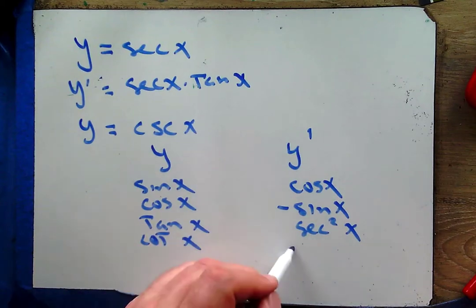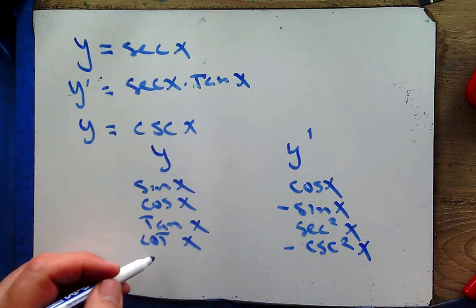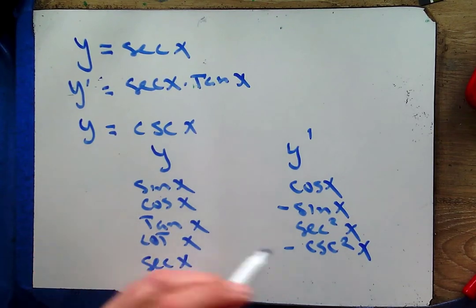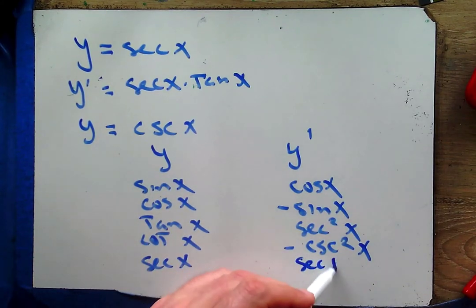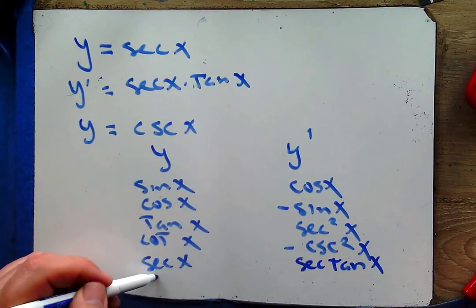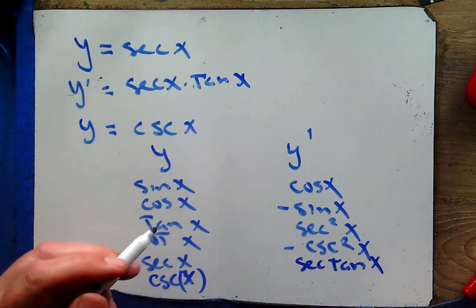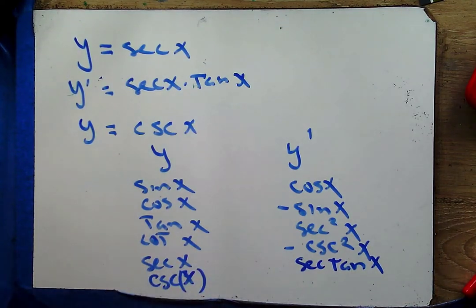Cotangent, negative cosecant squared. Then we did secant, and that turned out to be secant tangent. And so now I'm asking you to figure out what cosecant's derivative would be. Okay? So use that same technique to find the derivative of cosecant. And think about these. Maybe you see a pattern.